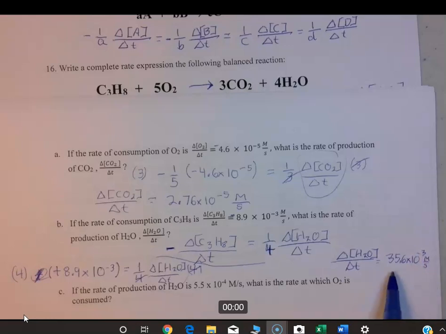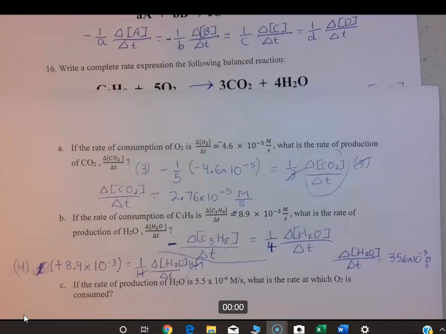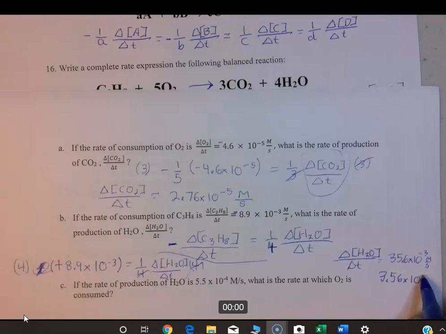Since I'm running out of room, I'm not going to adjust the decimal, but it really should be 3.56 times 10 to the minus 2. I can write it down here. All I'm doing is adjusting the decimal. And that's molar per second. So there's your final answer.